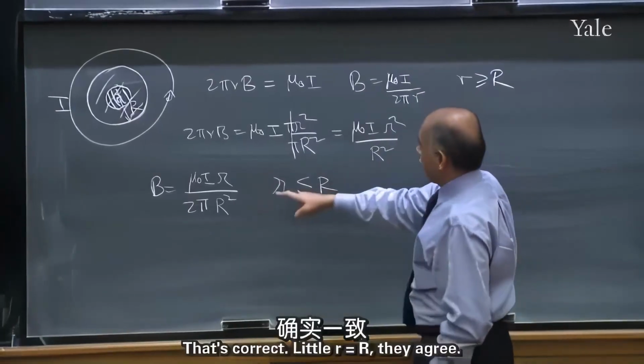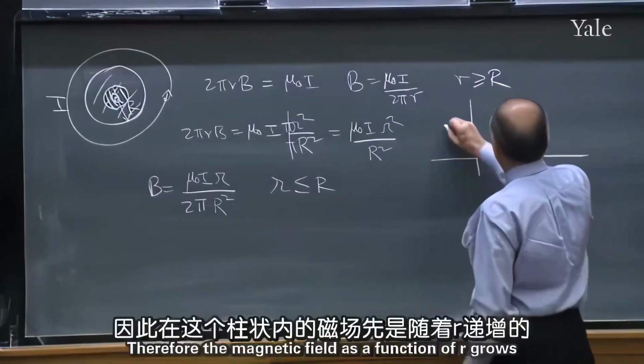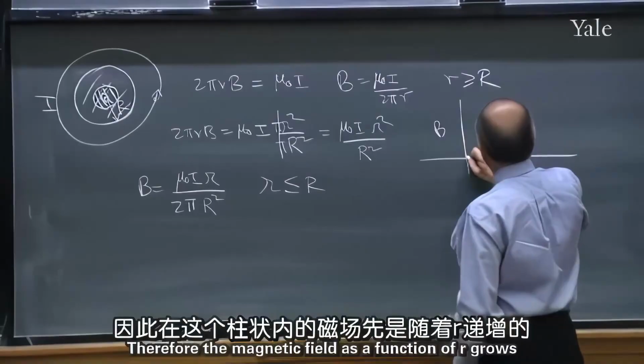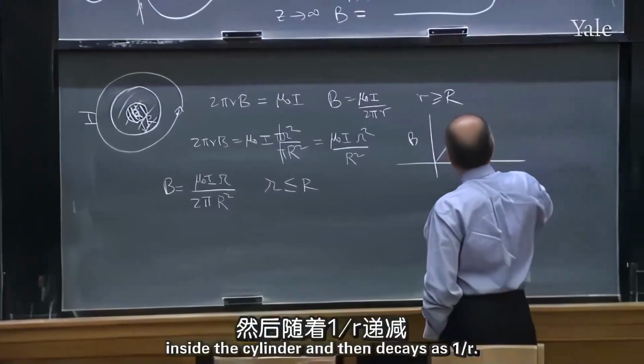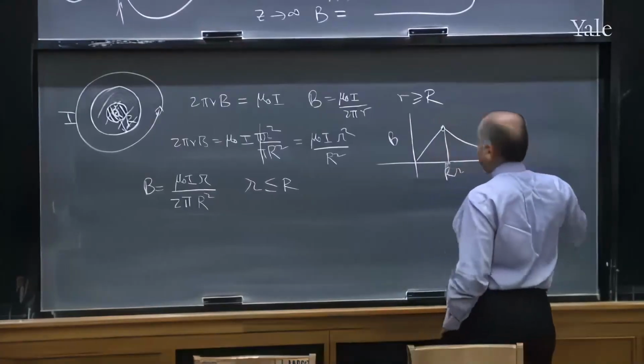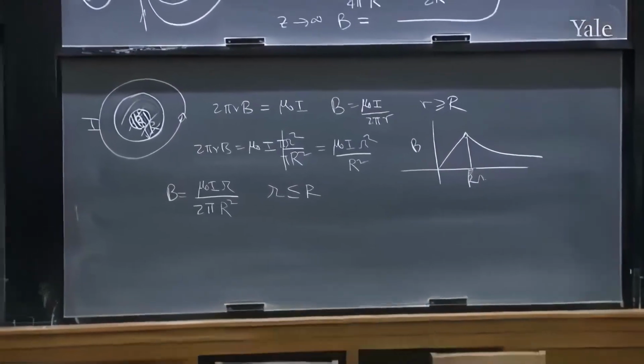Little r equals big R, they agree. Therefore, the magnetic field as a function of r grows inside the cylinder and then decays as 1 over r. All this should be familiar to you if you still remember similar problems from Gauss's law.